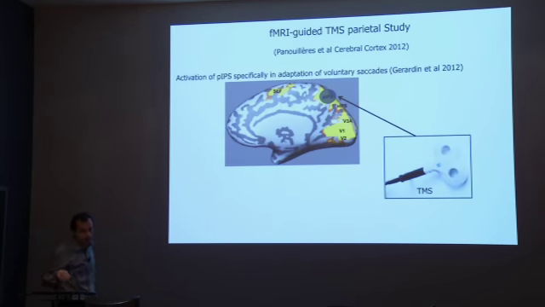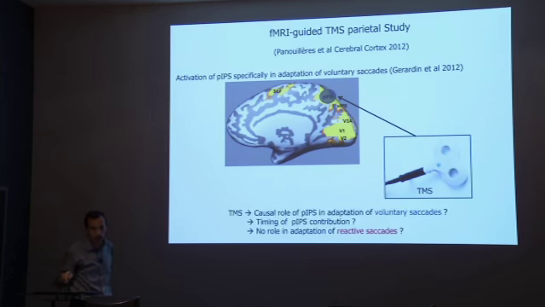The next study that we performed had two objectives. The first one was to confirm that the parietal cortex is directly involved in voluntary saccade adaptation, and the second one was to better understand its involvement in this type of adaptation. So we used TMS.